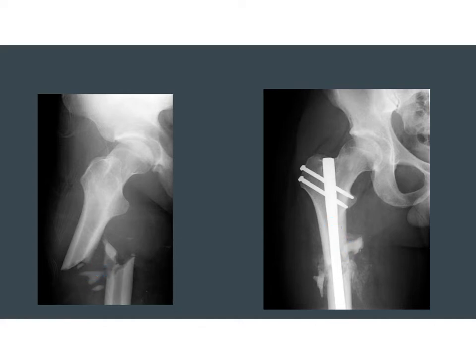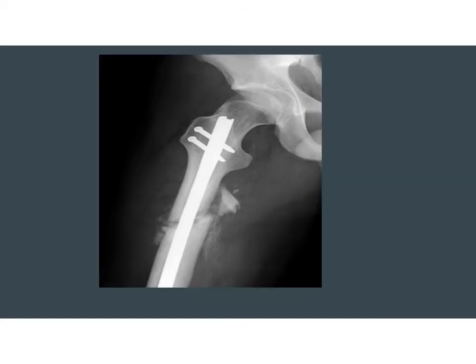And so this was fixed, as you can see, by some screws and a rod to help hold it all in place. And again, same thing, just a different view. Those bone fragments will be broken down by the osteoclasts.